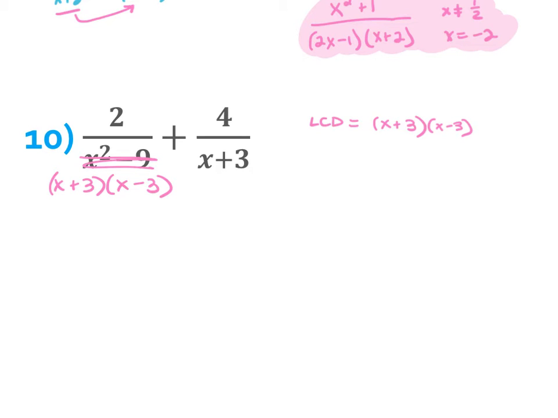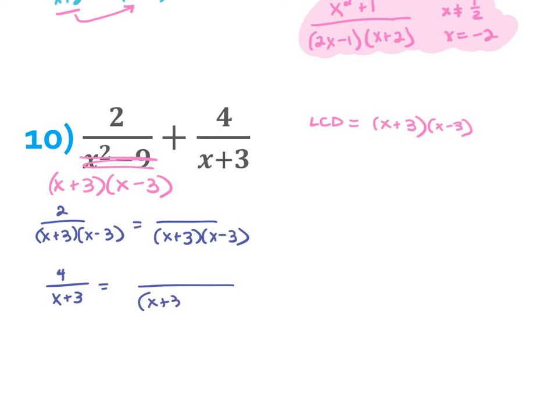So I have to change 2 over x plus 3 times x minus 3 into something over x plus 3, x minus 3. And I have to change 4 over x plus 3 into something over x plus 3, x minus 3. So what's missing from my first denominator to my least common denominator?